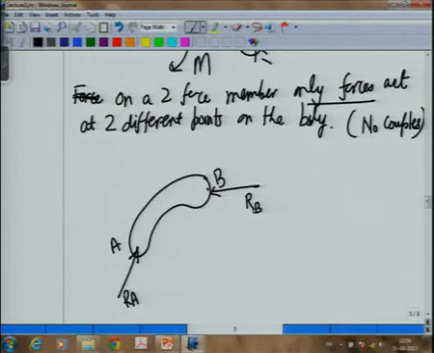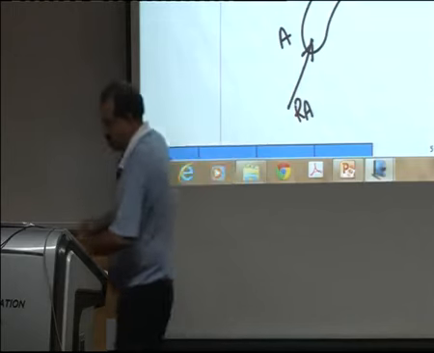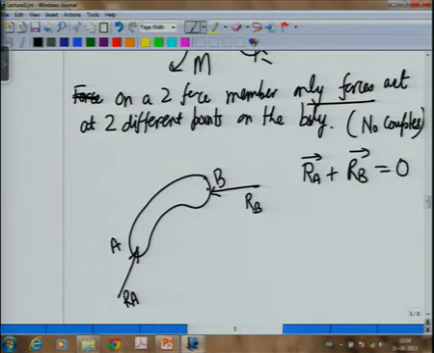Okay. What is the such a big deal about this? If this body is in equilibrium, let me write its equations. What are the equations? The first equation I write, I get RA plus RB is equal to 0.